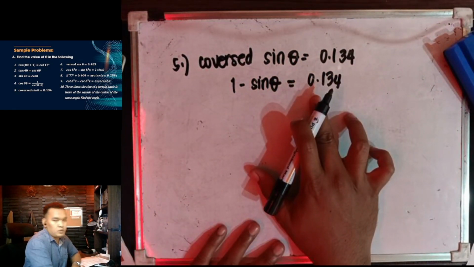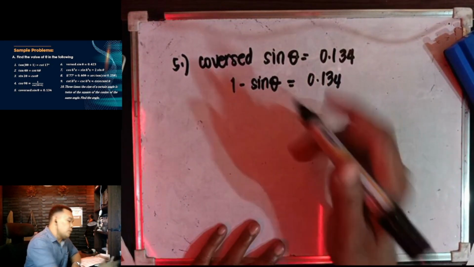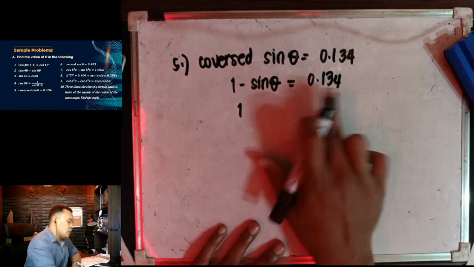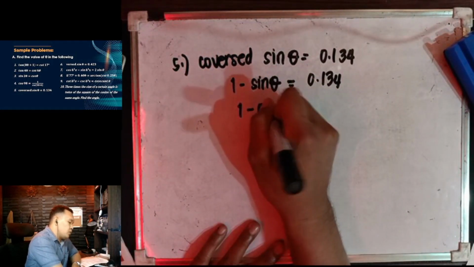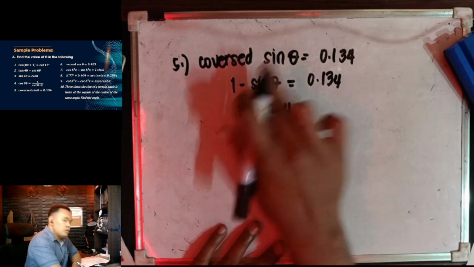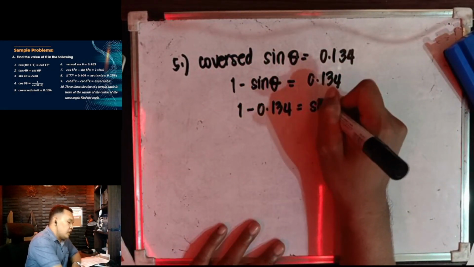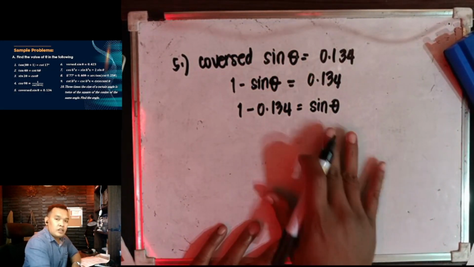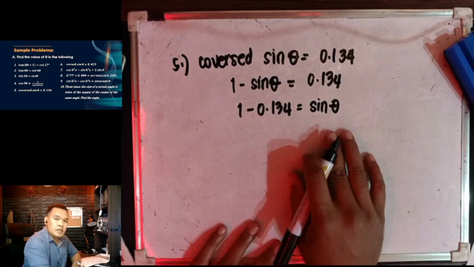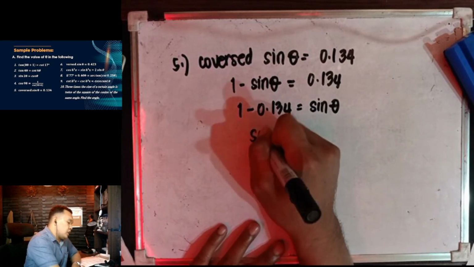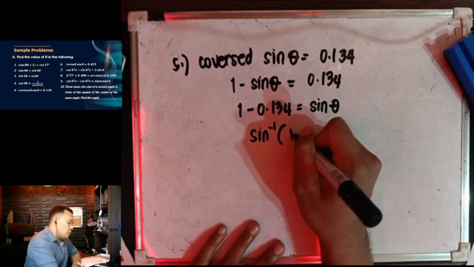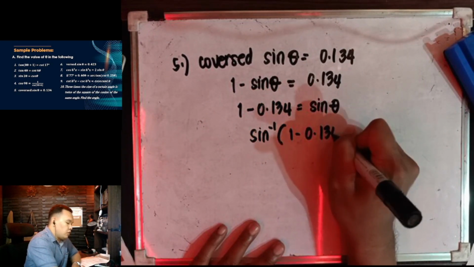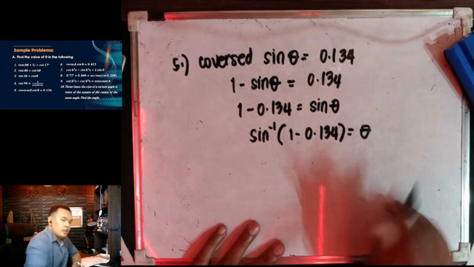Once na-gets mo na to, pwede mo na siyang computein, no? Through calculator, shift solve, then lalabas na yung sagot. Then, pwede mo naman siyang solve manually. So, we have here 1, transpose natin sa kabila, minus 0.134. Transpose natin yung sign sa kabila, magiging sine theta. Then, lipat ko yung sine sa kabila, magiging arc sine. Tama ba? So, arc sine of 1 minus 0.134 is equivalent kay theta.